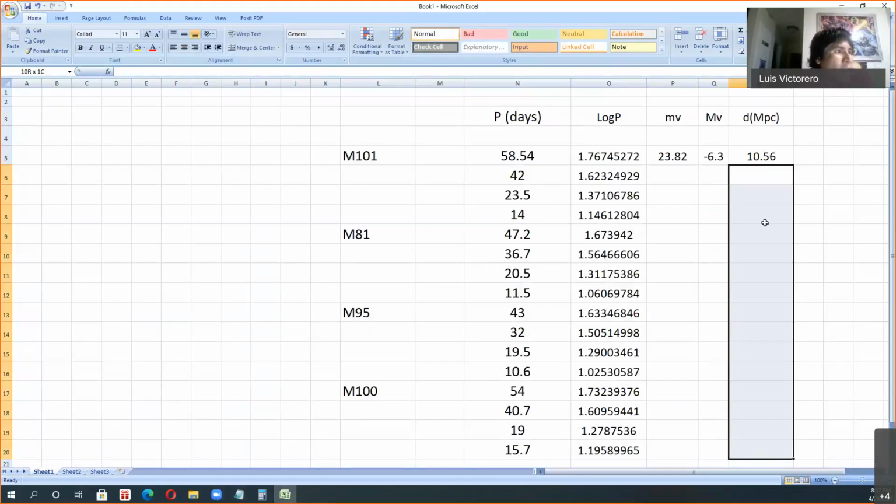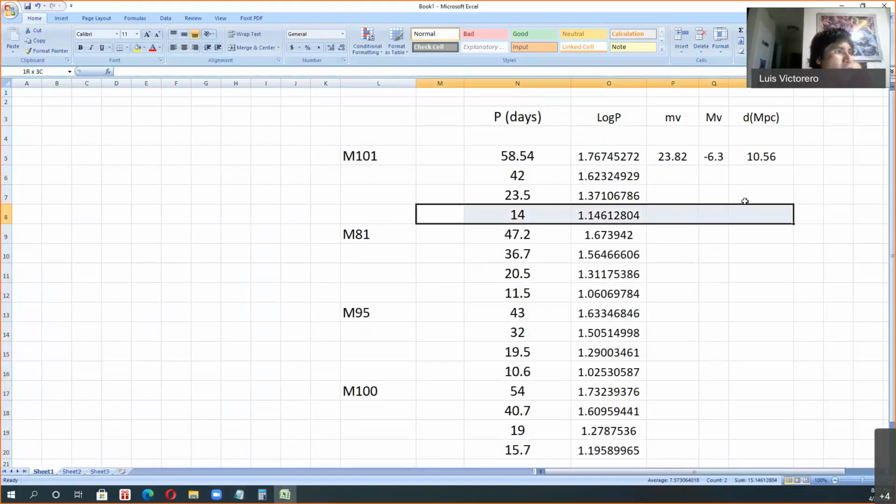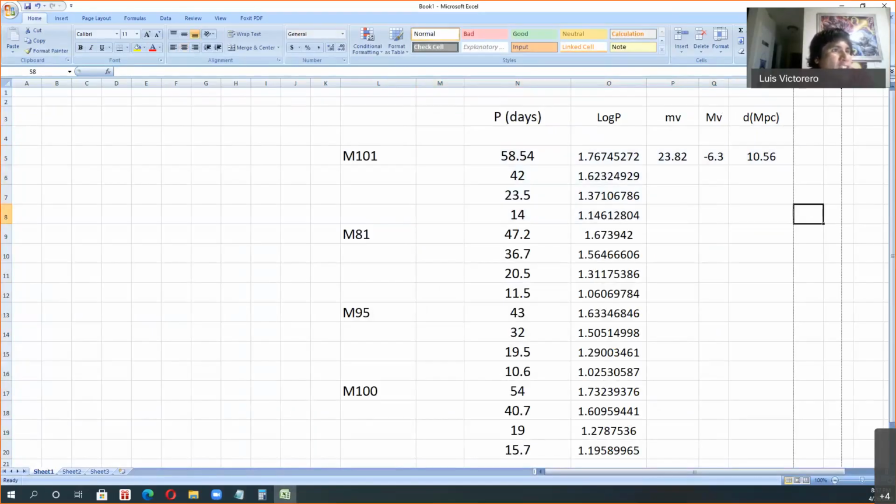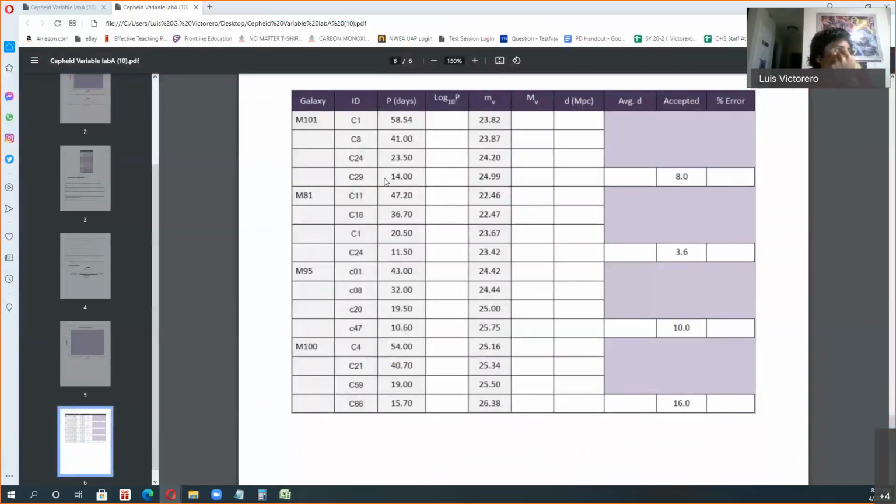First for these 4. You're going to find 4 values, right? These 4. You're going to find the average. This one is the average of the first 4, this one, this one, this one, this one. And then you're going to compare it with 8.